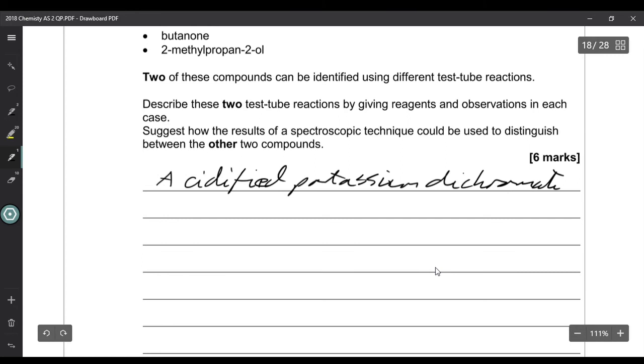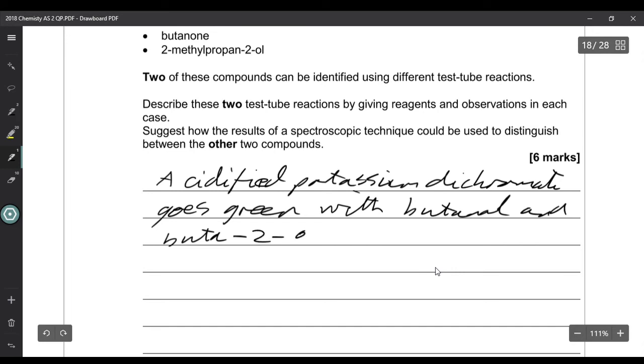Now, 2 of the solutions would end up going green, with butanol and butan-2-ol. And we get no reaction in the other 2.